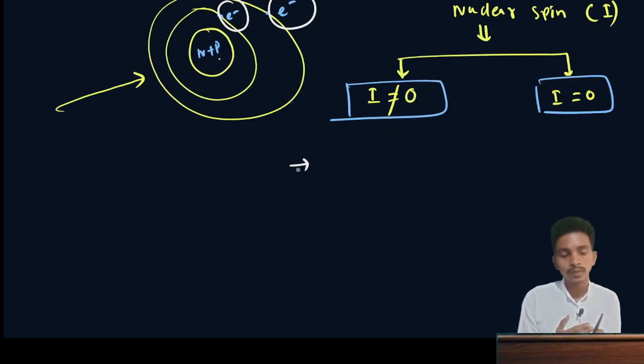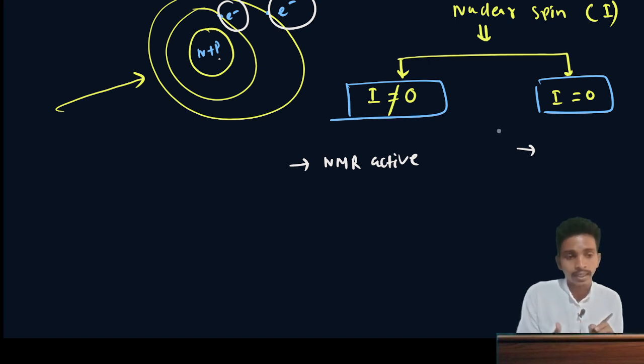If the nuclear spin I is not equal to 0, then it is NMR active. How we calculate I, I will discuss, but first we look at whether I is equal to 0, in which case it is NMR inactive. It means we can distinguish the nucleus of an atom by nuclear spin.